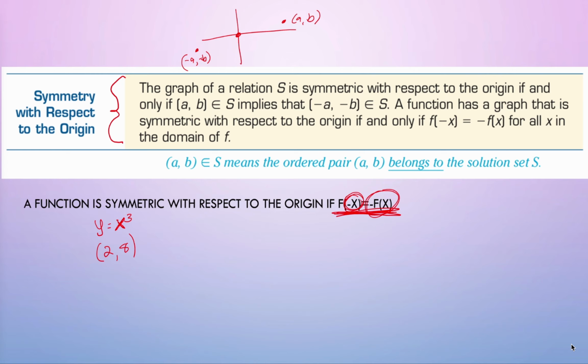If this function is symmetric with respect to the origin, then f of negative 2 should be negative 8. That is, the point (-2, -8) should also be in the function. And it's true, if you plug in -2 and you cube it, you're going to get -8. In order for a function to be symmetric with respect to the origin, this needs to be true for all x values in the domain.